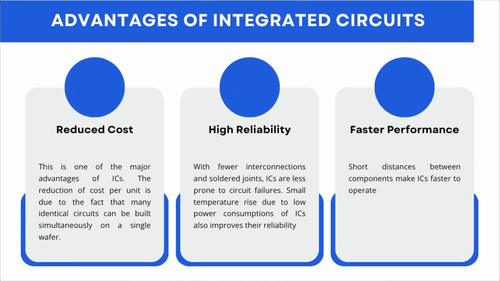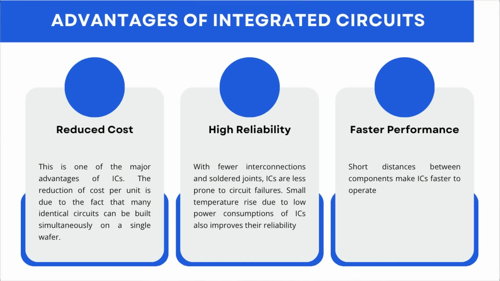The next advantage is reduced cost. This is one of the major advantages of integrated circuits. The reduction in cost per unit is due to the fact that many identical circuits can be built simultaneously on a single wafer.